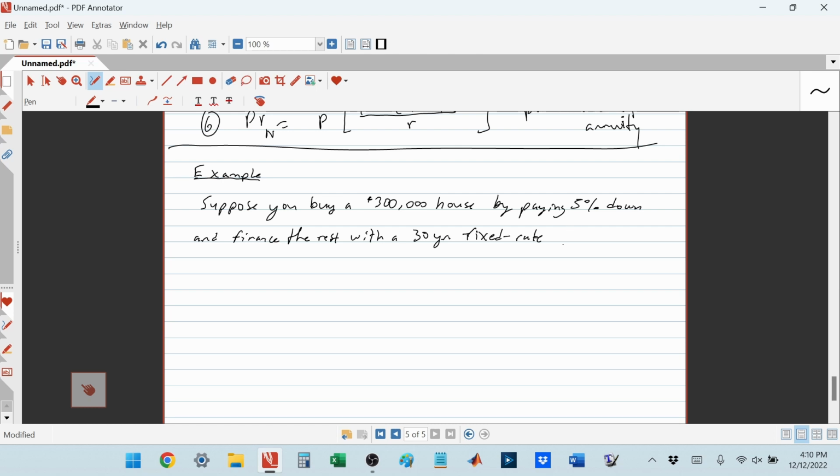What's the interest rate going to be per year? Nowadays, the interest rates are kind of high, so we'll say a 7% loan.